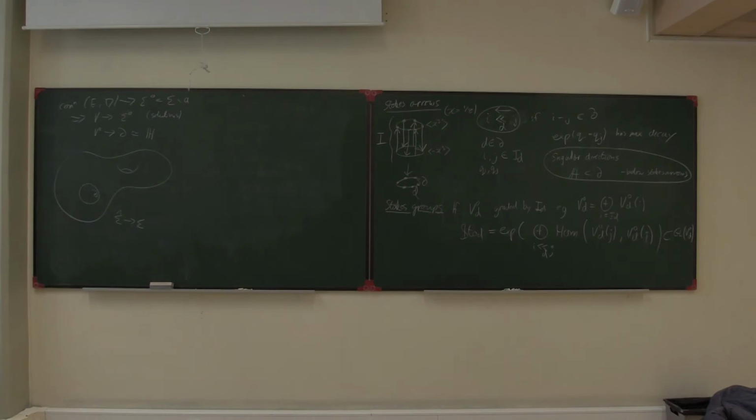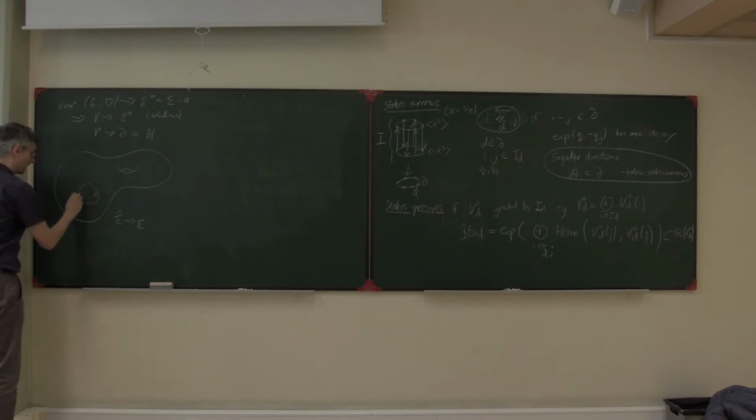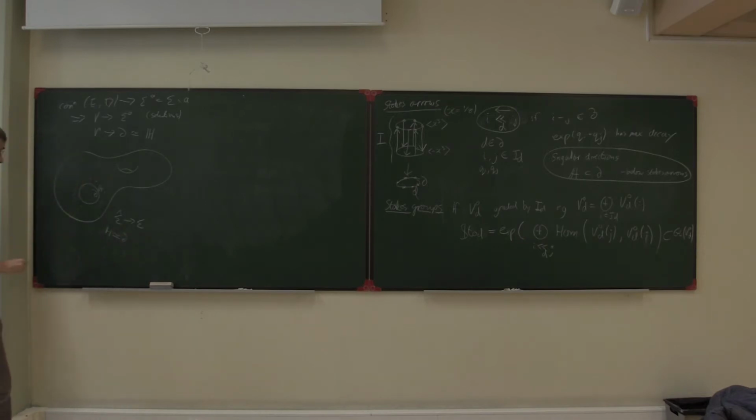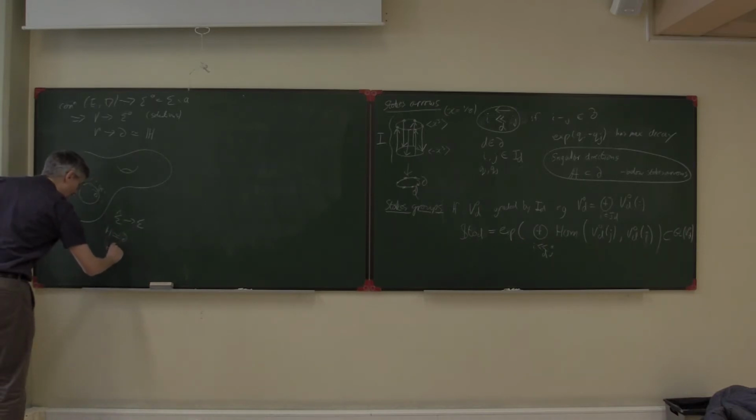So I get a surface with boundary. And so there's this neighborhood here, the halo. I'll call this H. So H contracts onto this circle. It's an annulus, and we'll call this the halo.